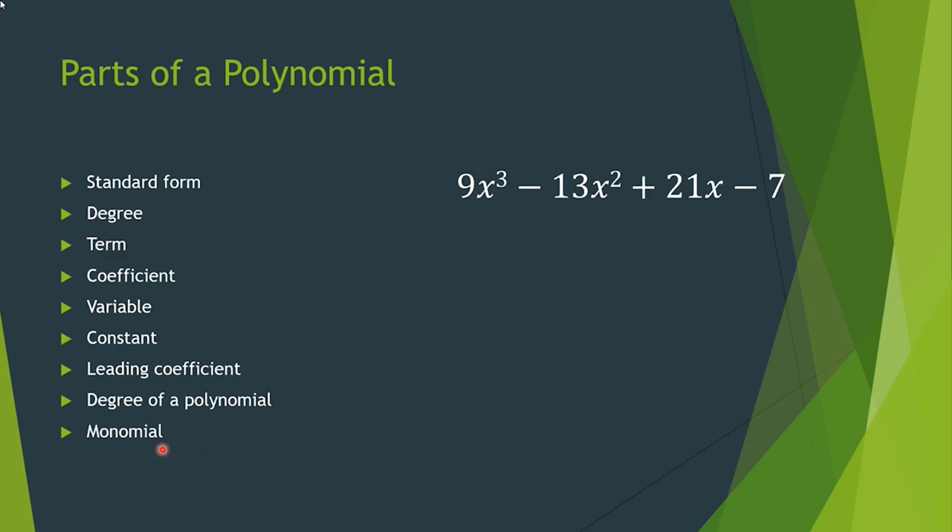Monomial, like a polynomial. Poly means many, like polymer, polytheistic, things like that. Mono, like monorail or monocle, means 1. So it's just one term. Here, this would be a polynomial because there's more than one term. Monomial just means that there's one term. There's also binomials.